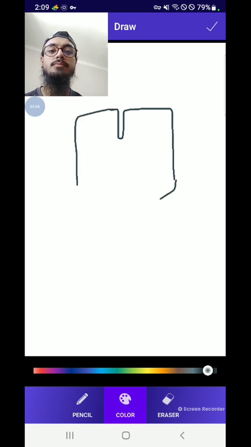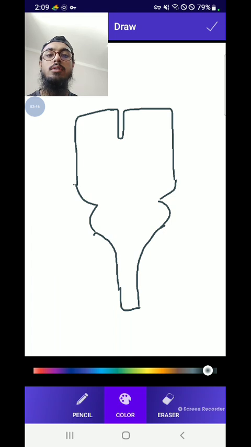This is the brain stem, this is the spinal cord, this is the right side, and this is the left side.